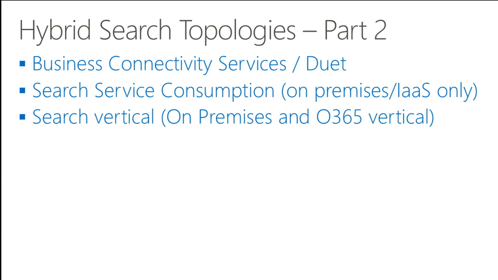I think there are two variations of search vertical. The first one is what Norm just mentioned. It's really a redirect into the other environment. To the end user, it looks like you're in exactly the same place you were, but it is a complete redirect.